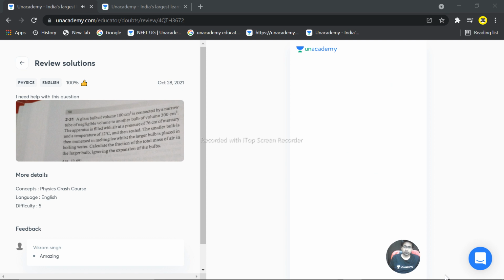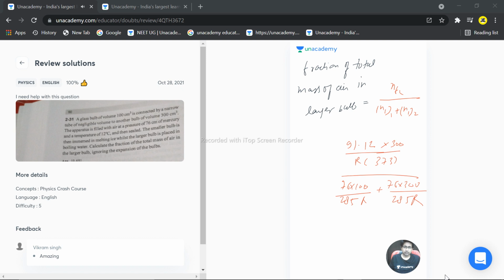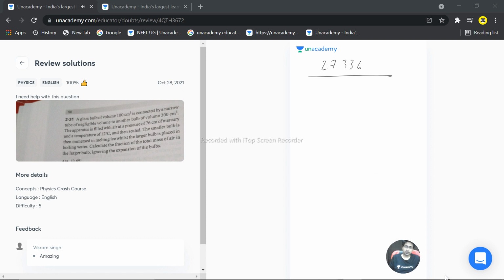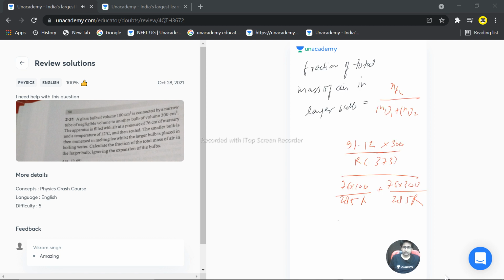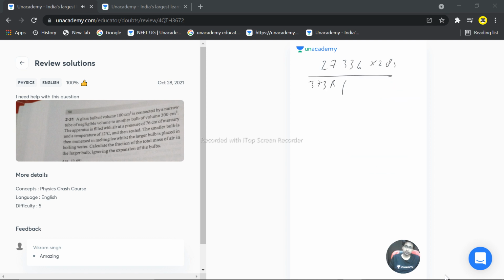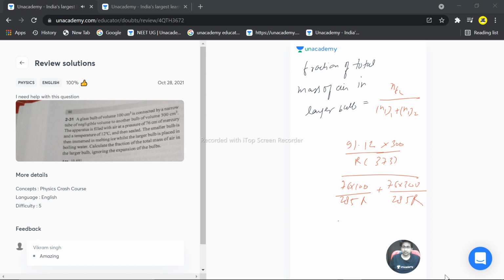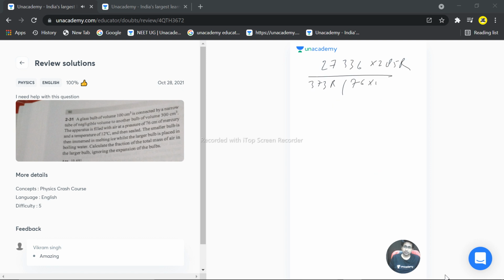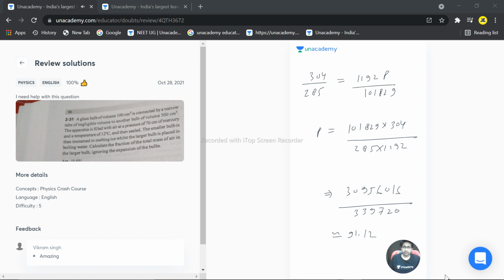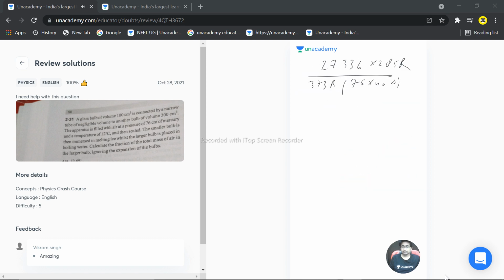There is a lot of calculation involved in this question. 91.12 multiplied by 300 is equal to 27336, so 27336 divided by 373R, multiplied by 285R, which goes up after taking the LCM, and 76 multiplied by 400. R and R cancel out.